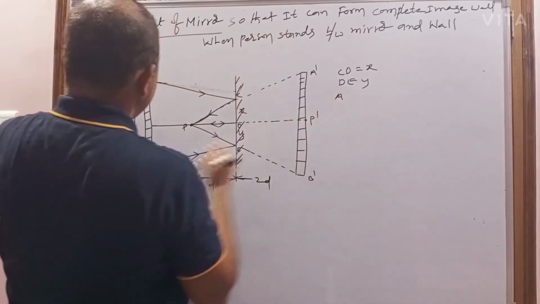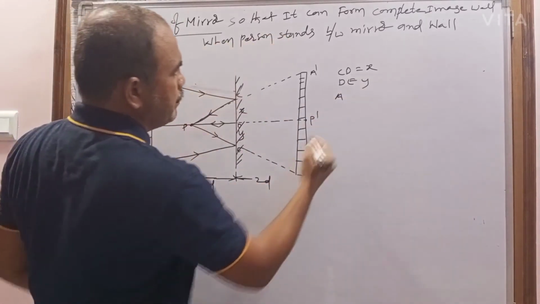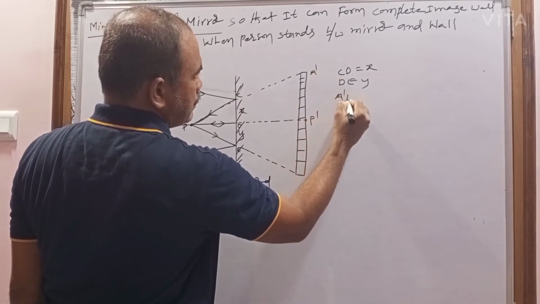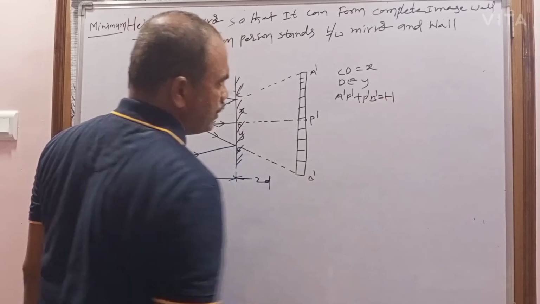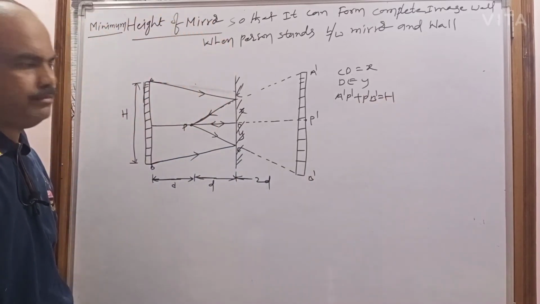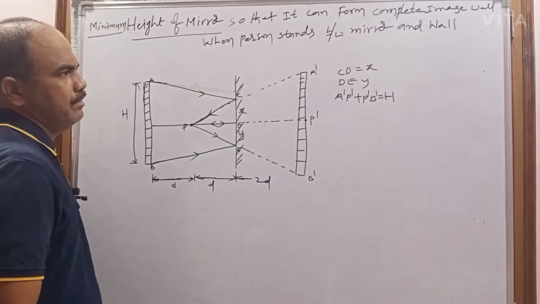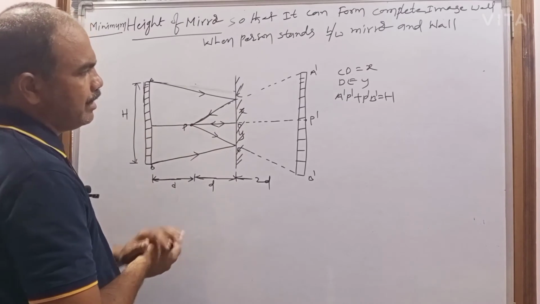And what is the height of the wall? AB is equal to A dash B dash, but A dash P dash plus P dash B dash is equal to the height of the wall. Now when I draw the diagram, there are two similar triangles.